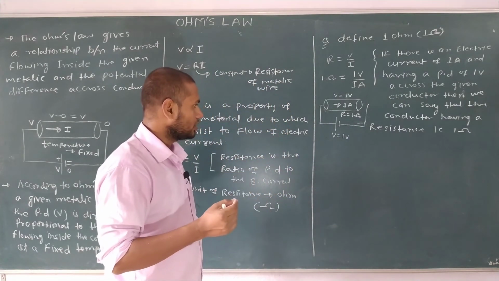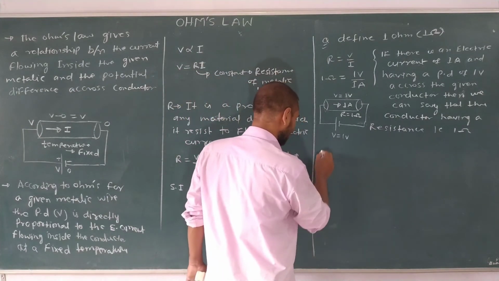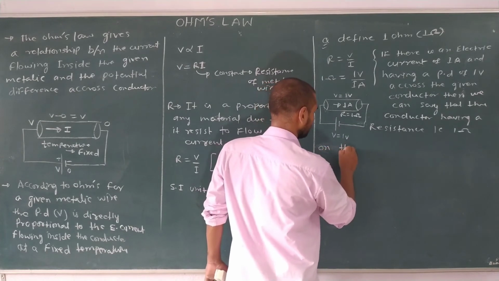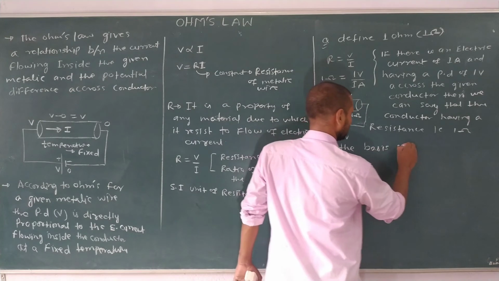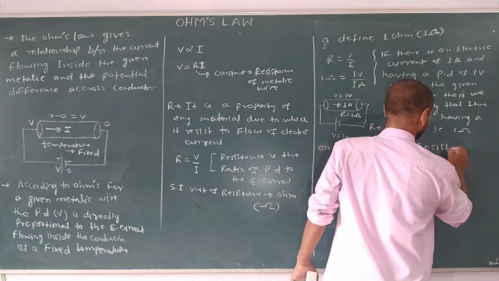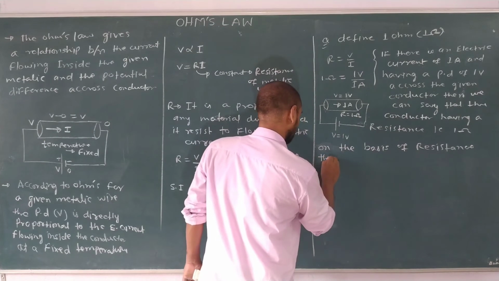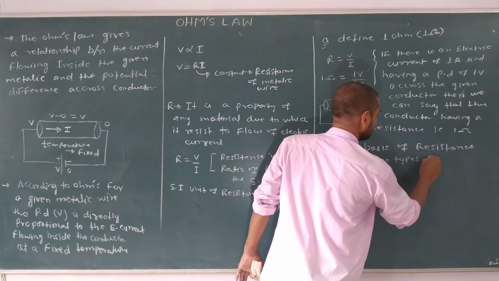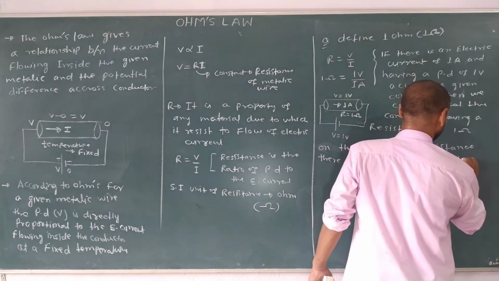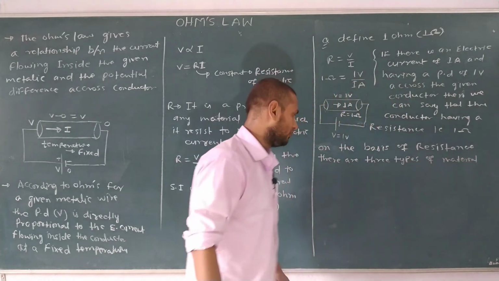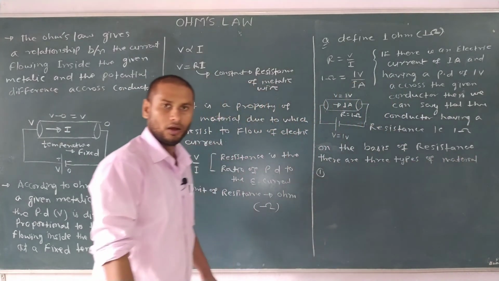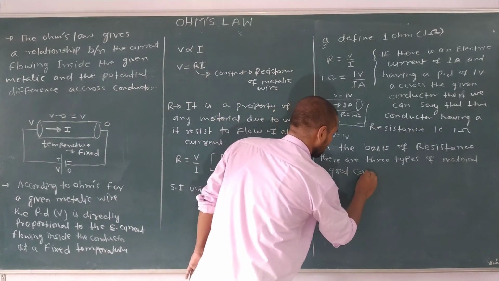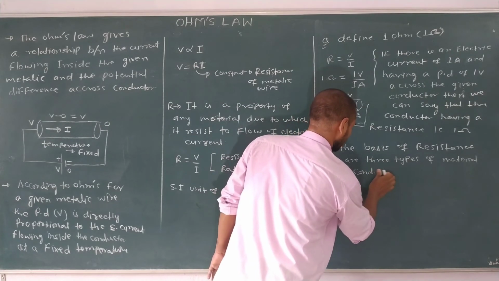We know that already, but on the basis of resistance, there are 3 types of material. The first one is called a good conductor.